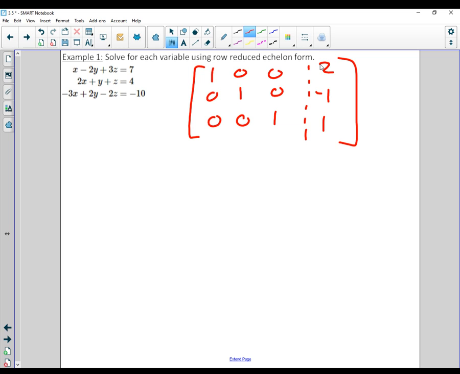Woo! I just solved it for us. This says, hey, what is this column? X's, 1x or just x equals. This column is y's, 1y or just y equals. This column is z's, 1z equals.